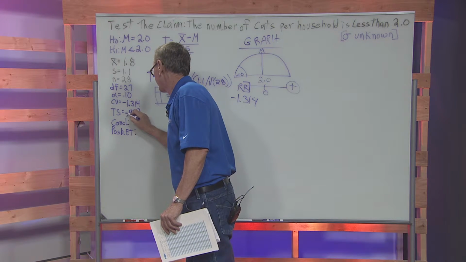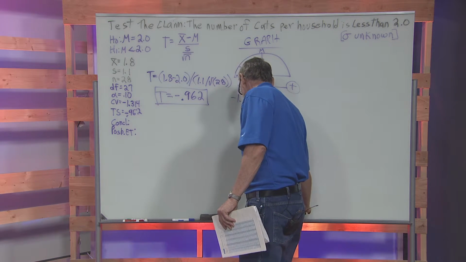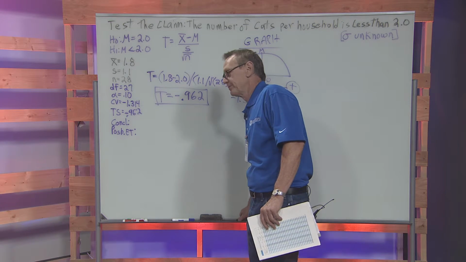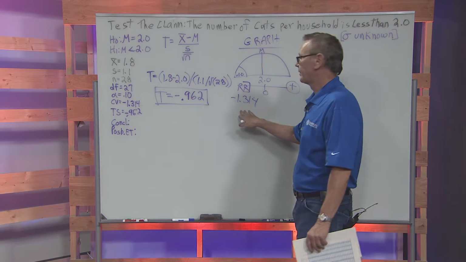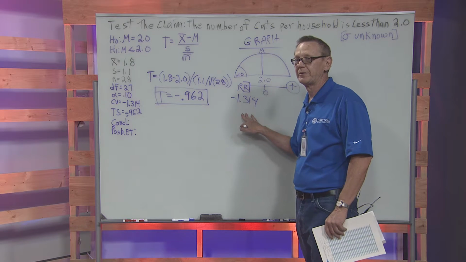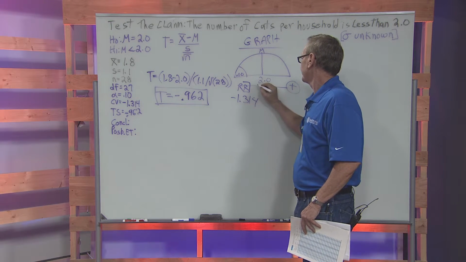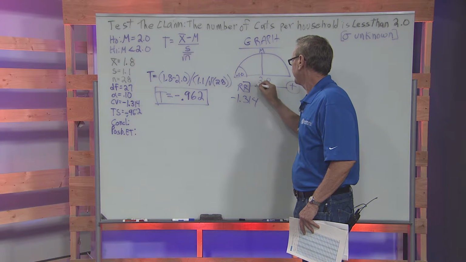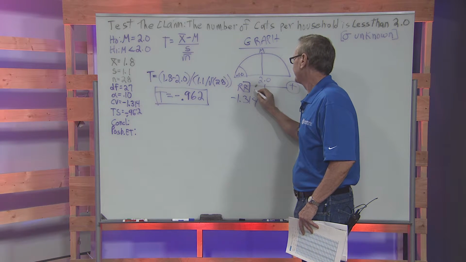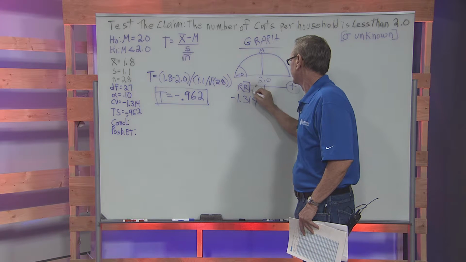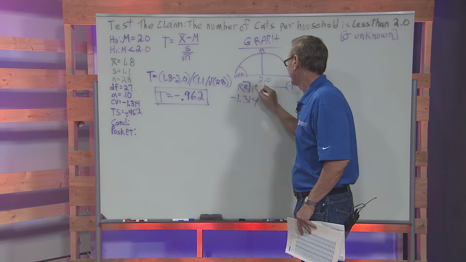And now I'm ready for a conclusion. So the critical value is negative 1.34 standard deviations to the left. The test statistic is 0.962 standard deviations to the left. I'll just label that TS for test statistic.